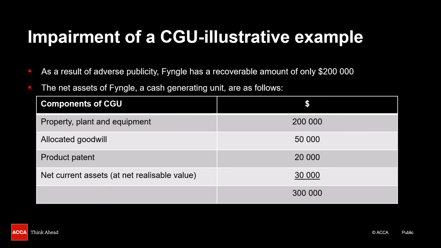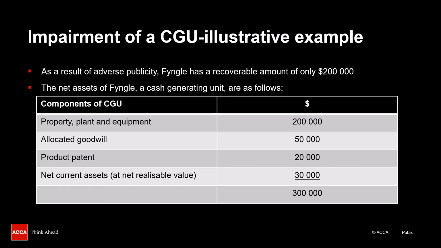Let us look at an example of an impairment to a CGU. As a result of adverse publicity, Fingal has a recoverable amount of only $200,000. The net assets of Fingal, a cash-generating unit, are as follows. The CGU contains property, plant and equipment, goodwill, a product patent, and the net current assets with its corresponding values.